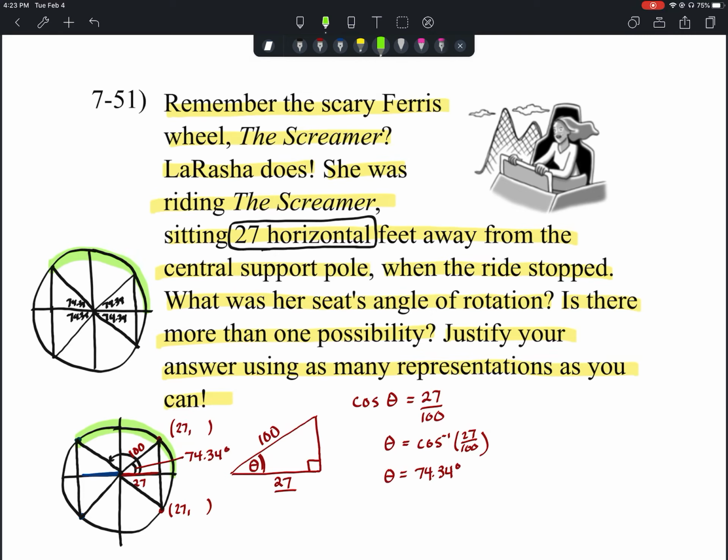On the left side, we can do 180 minus 74.34. And that should give us, I believe, 105.66 degrees. I hope my math is right. I don't want to redo this video.